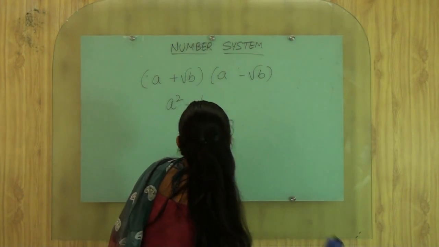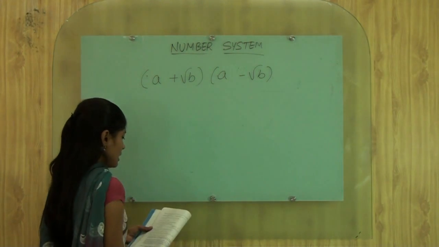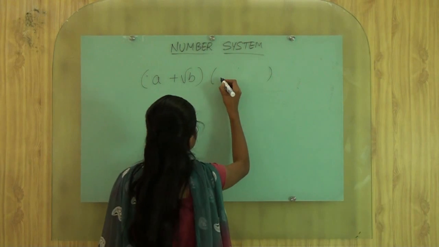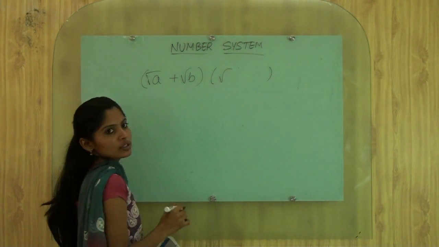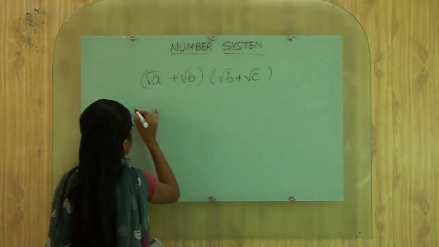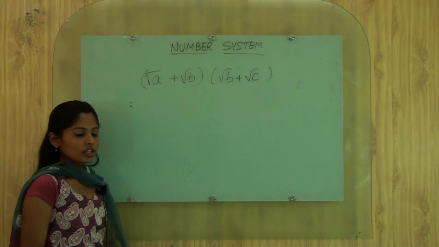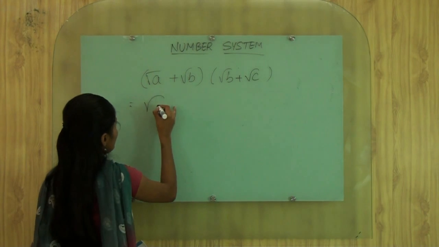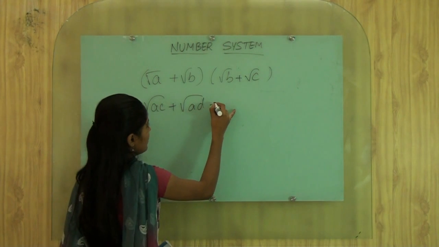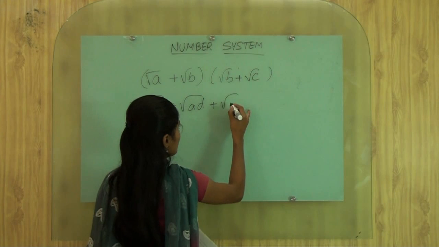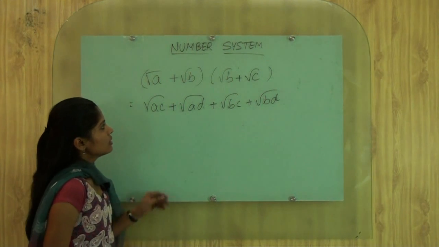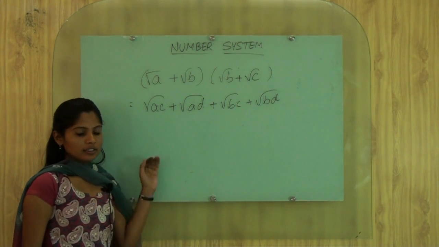And if you have root a plus root b into root c plus root d, if you multiply this, then you will get root ac plus root ad plus root bc plus root bd. This value you will get.